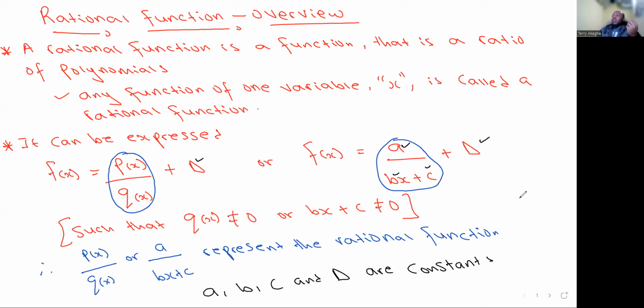So you need to know that it's possible to have a constant here, but the denominator can never be equal to 0 in a rational function. All right, so that is that for that.